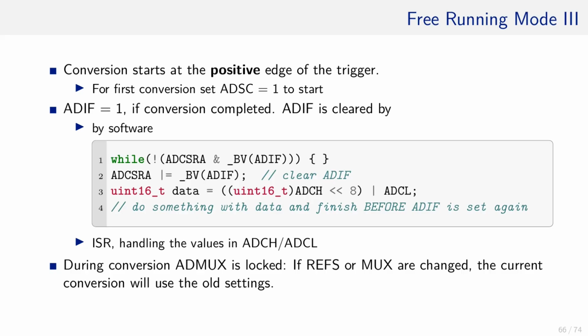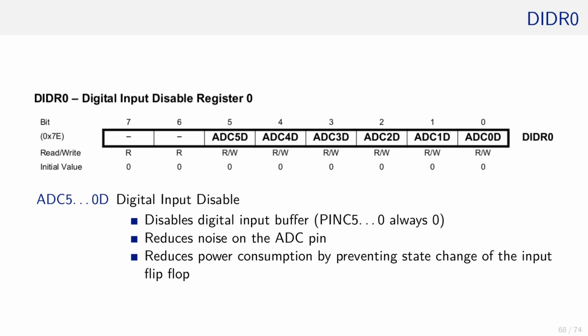Okay, that is all about the ADC for the moment. In the next session, we briefly talk about one method to reduce the power consumption and the noise for the channels. There is one register left that is specific to the ADC pins. Usually, the pins read digital signals.